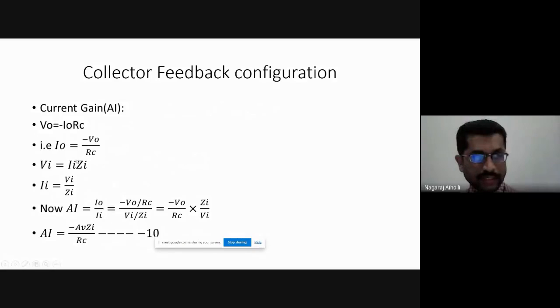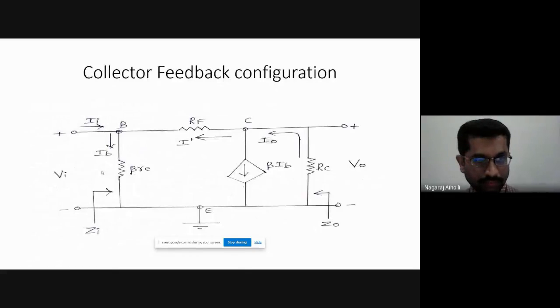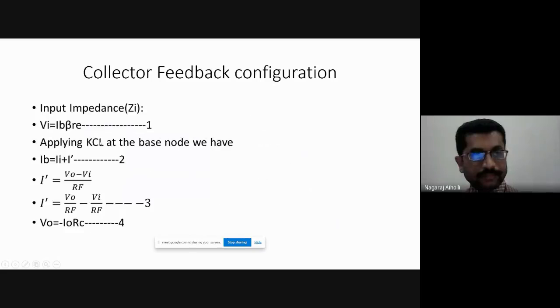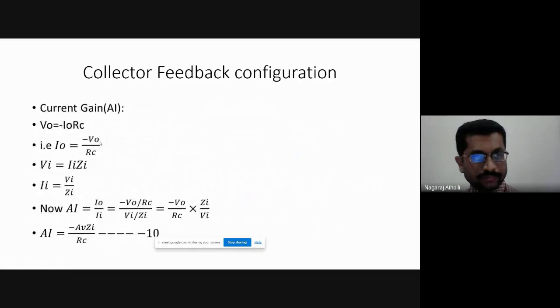Vi is Ii into Zi, or Ii is Vi by Zi. This is the RE model, and this is the input current Ii. It is input voltage by input impedance, Ohm's law. Ii is equal to Vi by Zi.